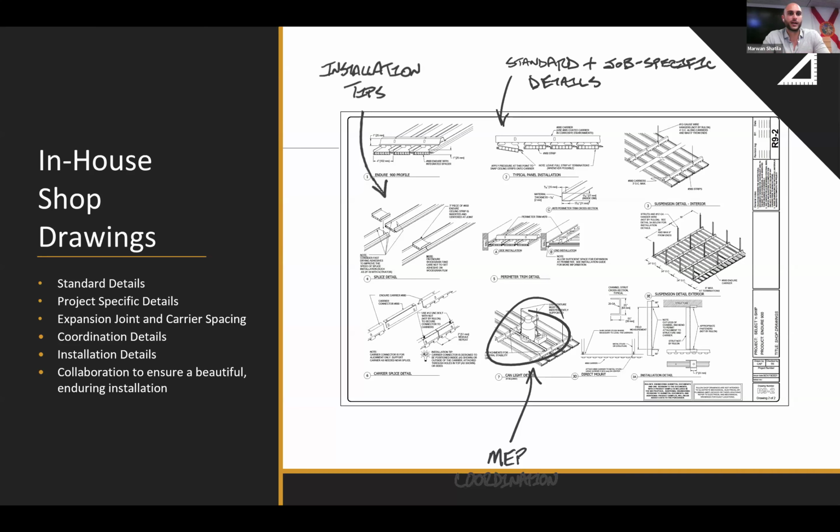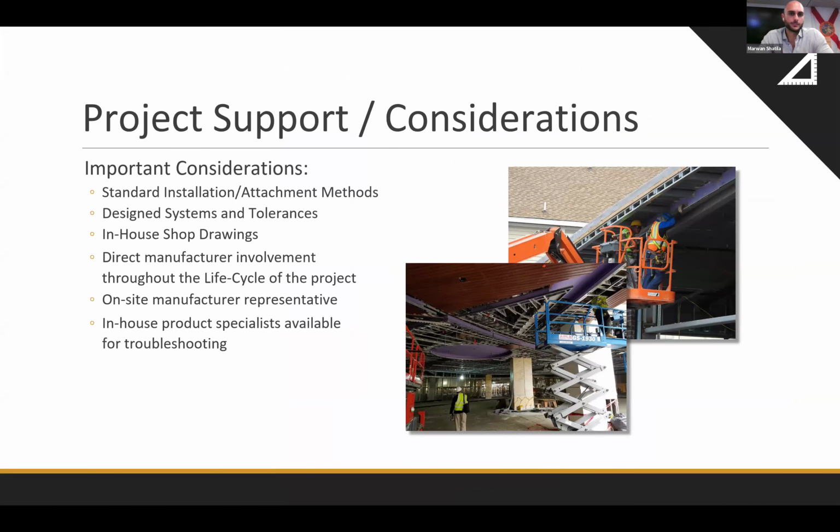And so we provide these in-house shop drawings so that it is easy to work with whenever you're coordinating or drawing up the details in some of your drawings, going all the way down to contractors being able to navigate these shop drawings and installation guides so that we can ensure that the system is being installed in a beautiful and aesthetically pleasing way to support your design intent.